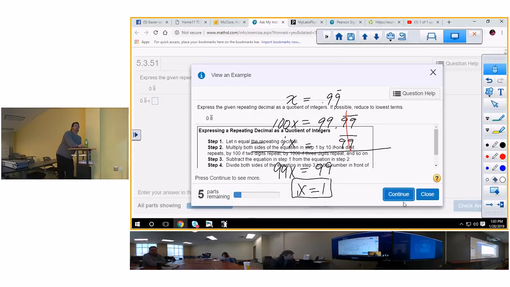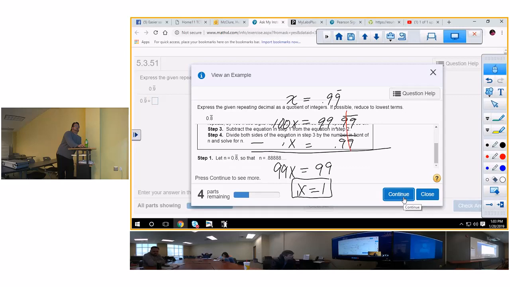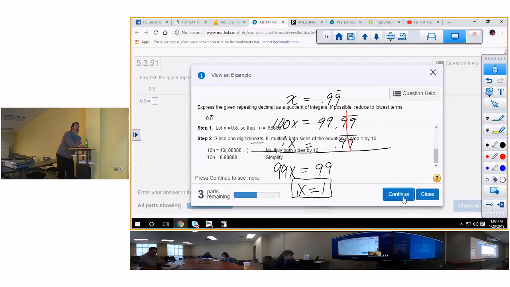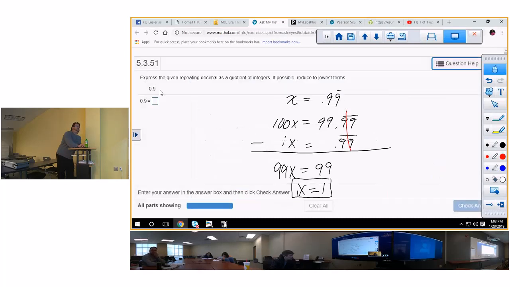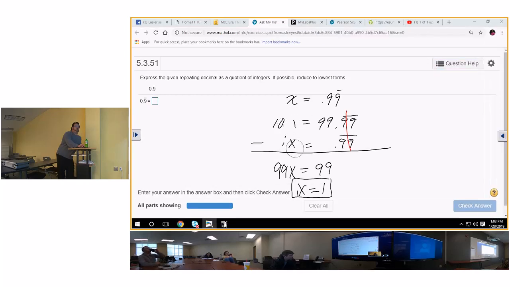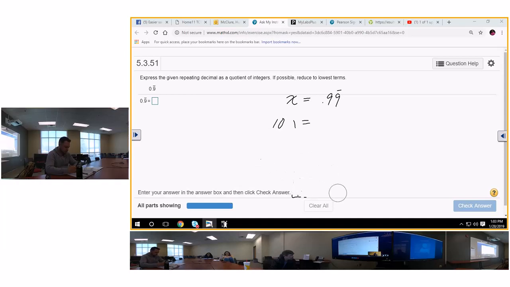Let's see what they do. Okay, there's 0.888. I did that. Okay, they multiplied by 10. Okay, my bad. You multiply by 100 when they put another decimal there. My bad. Multiply by 10, and that's going to give you 9.99. That makes more sense. What was that?